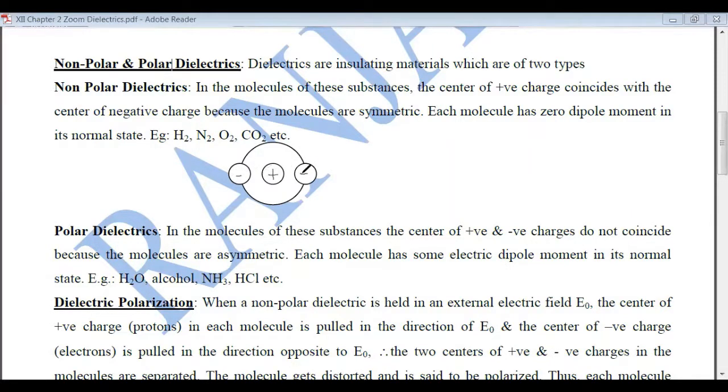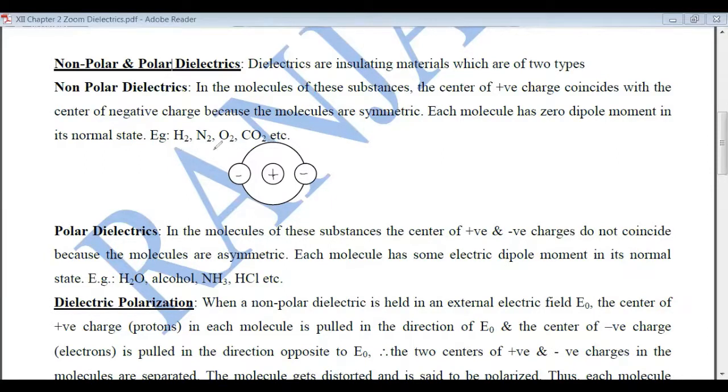So the center of the negative and the center of the positive charges both are at the same point. So this molecule is symmetric and its dipole moment is zero. Such a molecule is called a non-polar dielectric molecule. The examples are H2, N2, O2, CO2, etc.